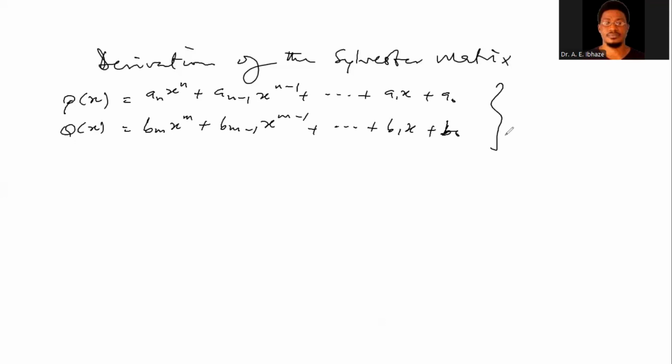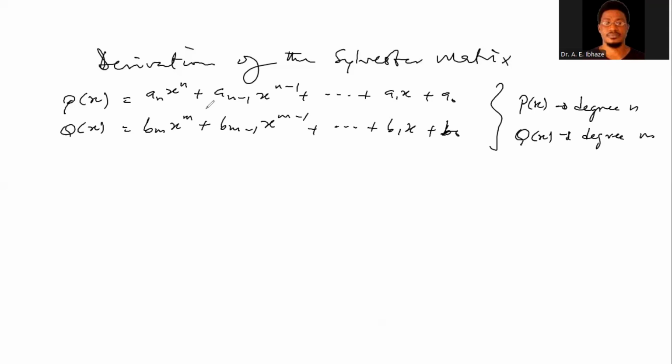So p of x is of degree n and q of x is of degree m, right? Because the degree is very vital in telling the order of the matrix, whether it's going to be a 2x2 matrix, a 3x3 matrix, a 4x4, or a 5x5, okay?